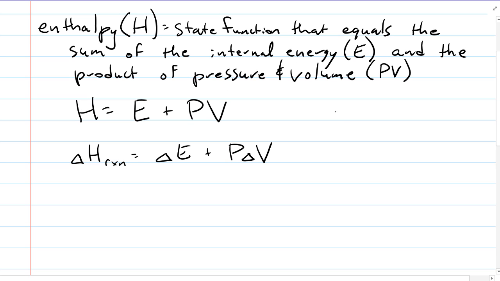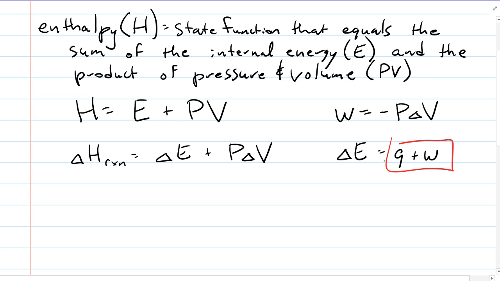Just earlier today we said that the amount of work done by the system is equal to negative P times delta V. And we also said that delta E is equal to Q plus W.